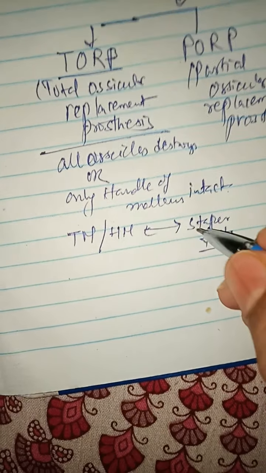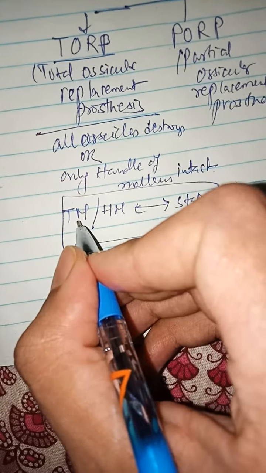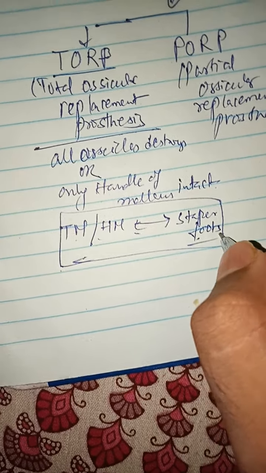Only the handle of malleus is present, so we give the prosthesis between the tympanic membrane or handle of malleus and the stapes footplate.